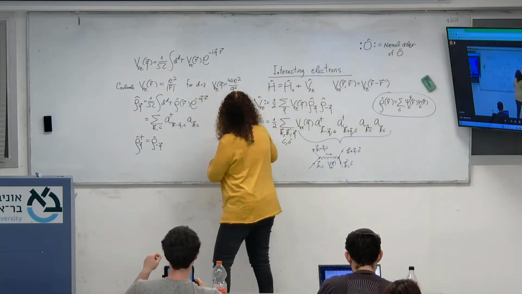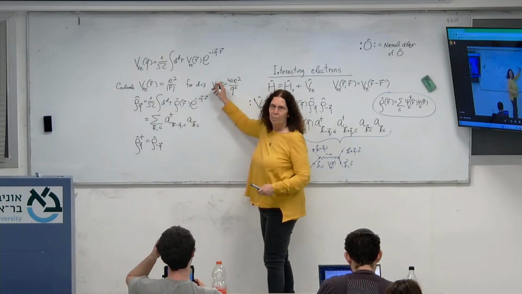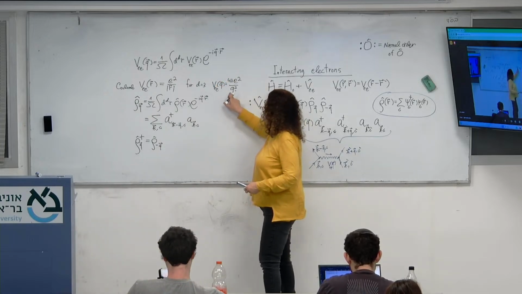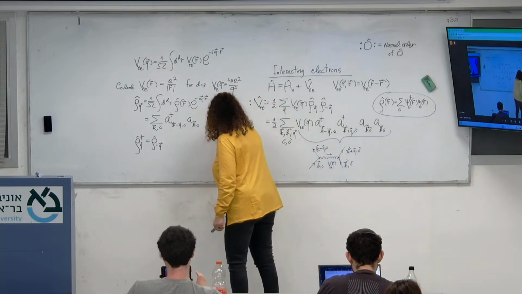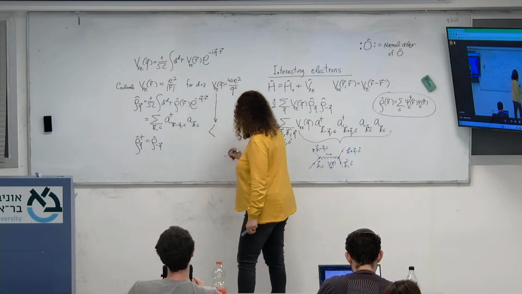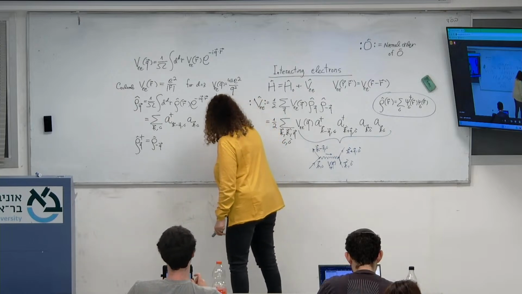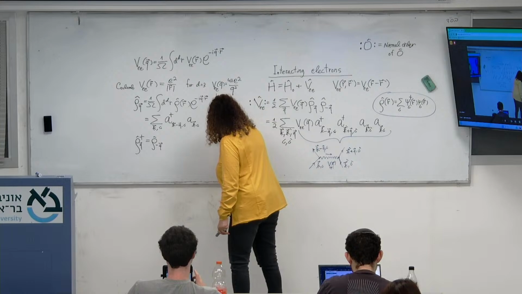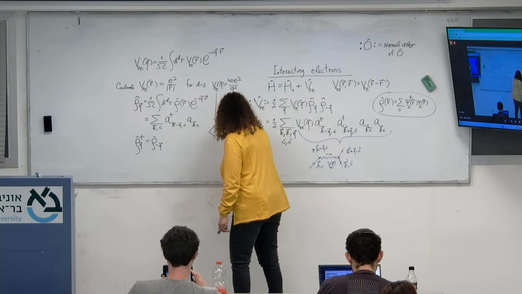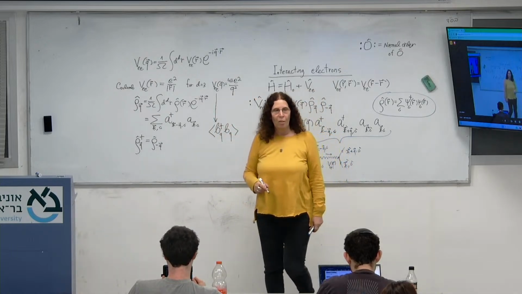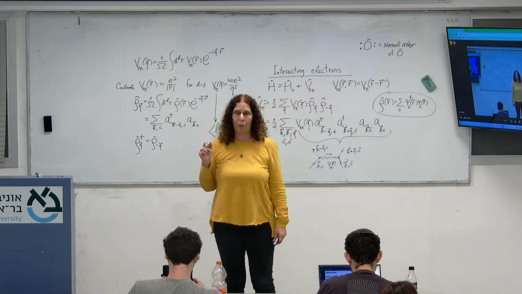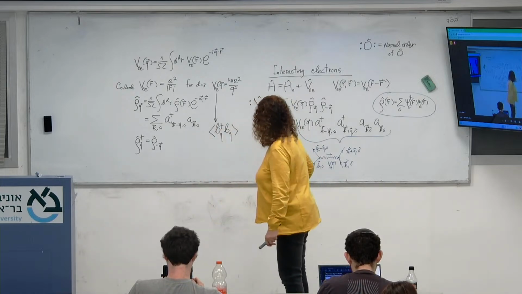But I'm claiming that what I've written here, which has the 1 over q squared, can in fact be identified with an expectation value of, let me call it, B dagger B, where B and B dagger are annihilation and creation of a photon with momentum q.